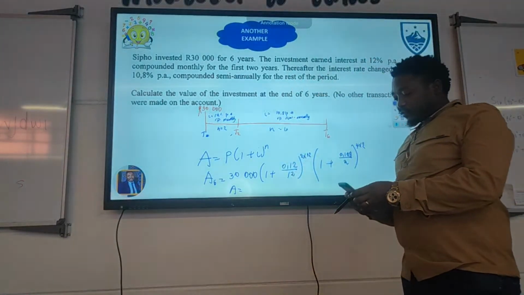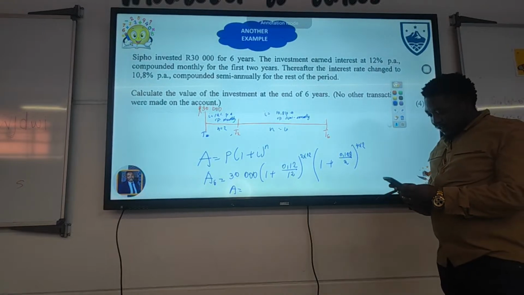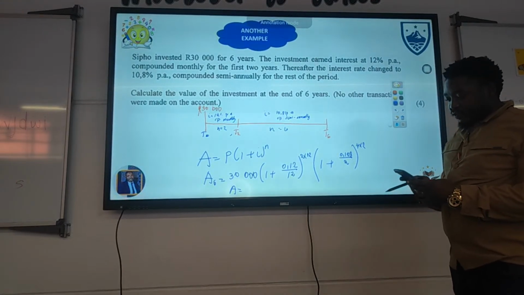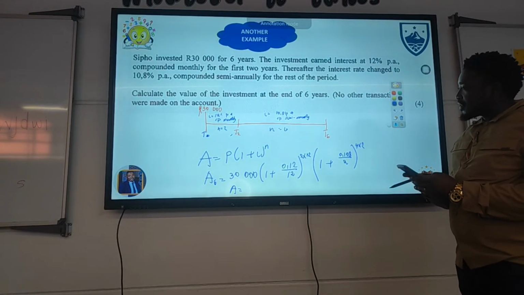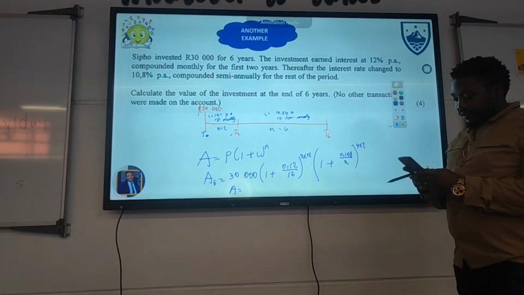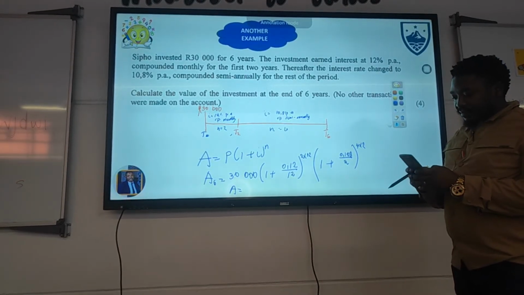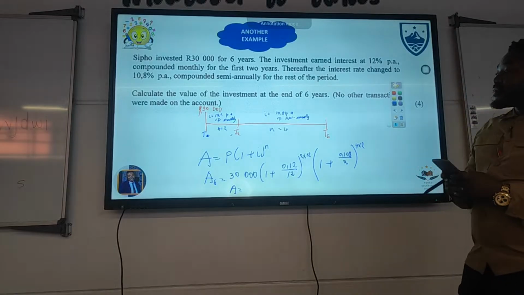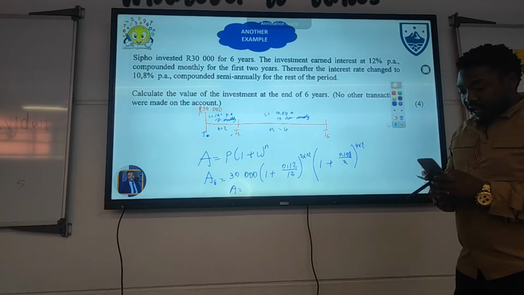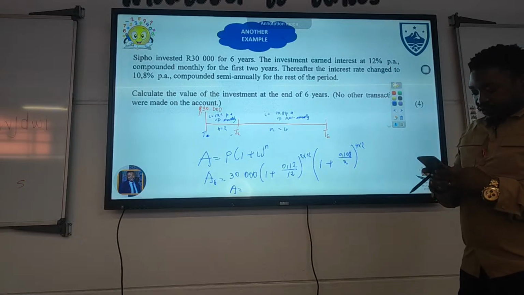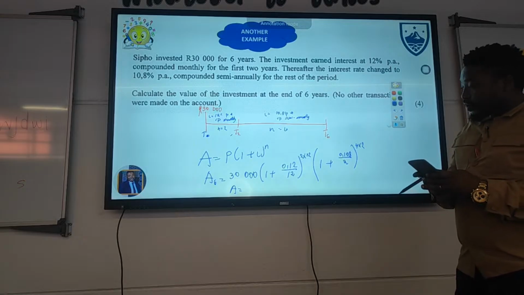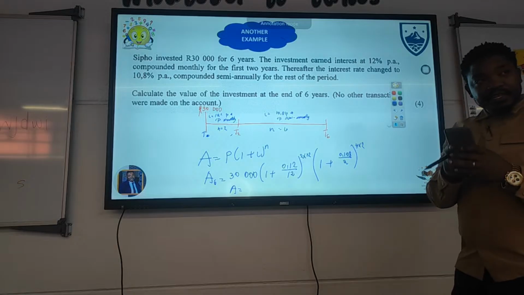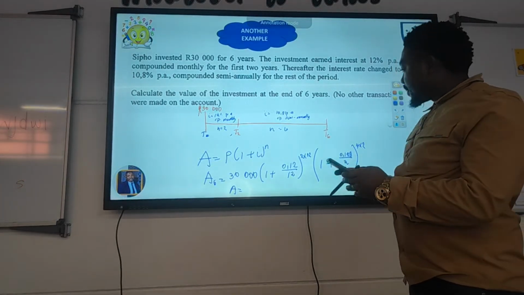For interest sake, just to encourage you to always press your calculator. You cannot practice financial mathematics without a calculator and expect to answer with the calculator at the exam. You are going to waste your own time. So it's better you get used to pressing your calculator. See how much I'm struggling with this calculator because it's not mine.